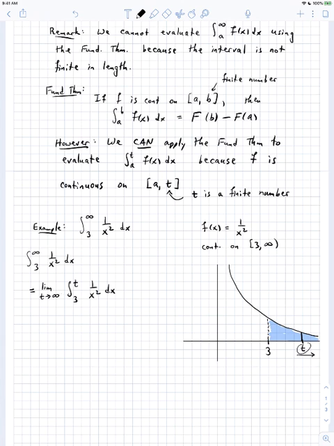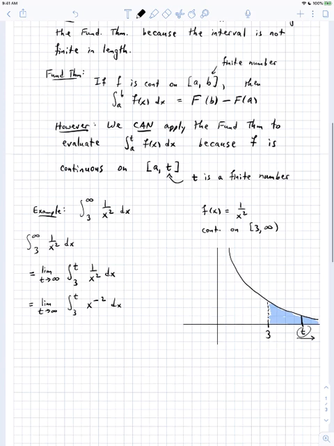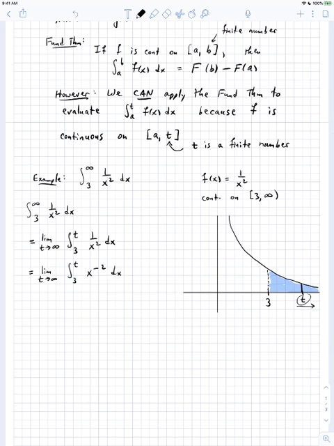Okay, so this is a definite integral that has an answer in terms of t. So this is the limit as t goes to infinity of the integral from 3 to t. Let me write this as x to the negative 2 dx. So this is x to a power, so we can use the power rule. So this is the limit as t goes to infinity.